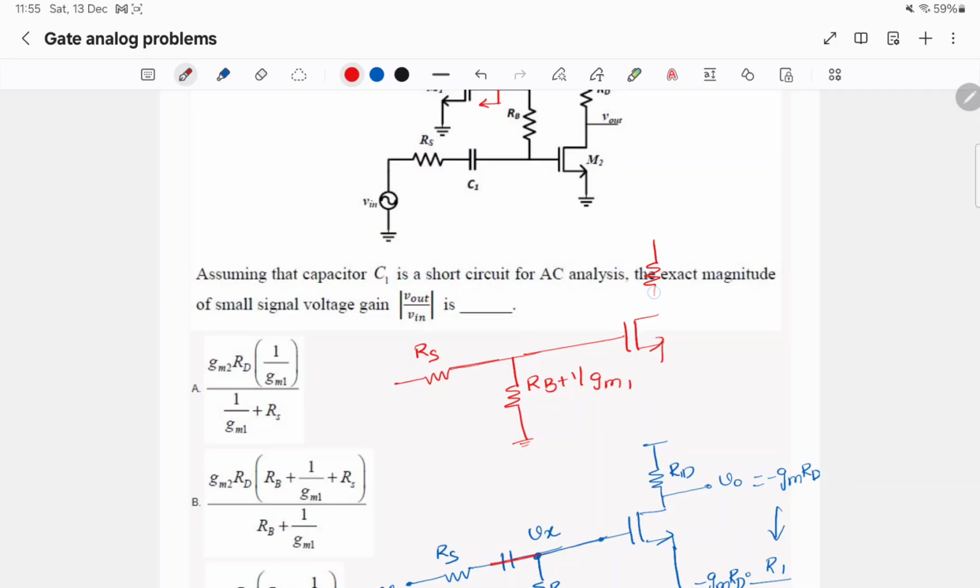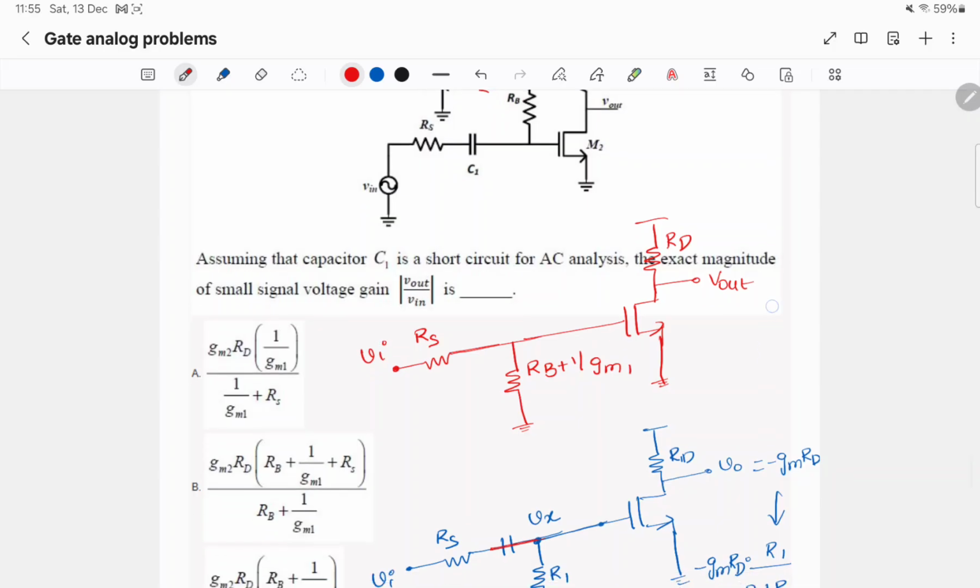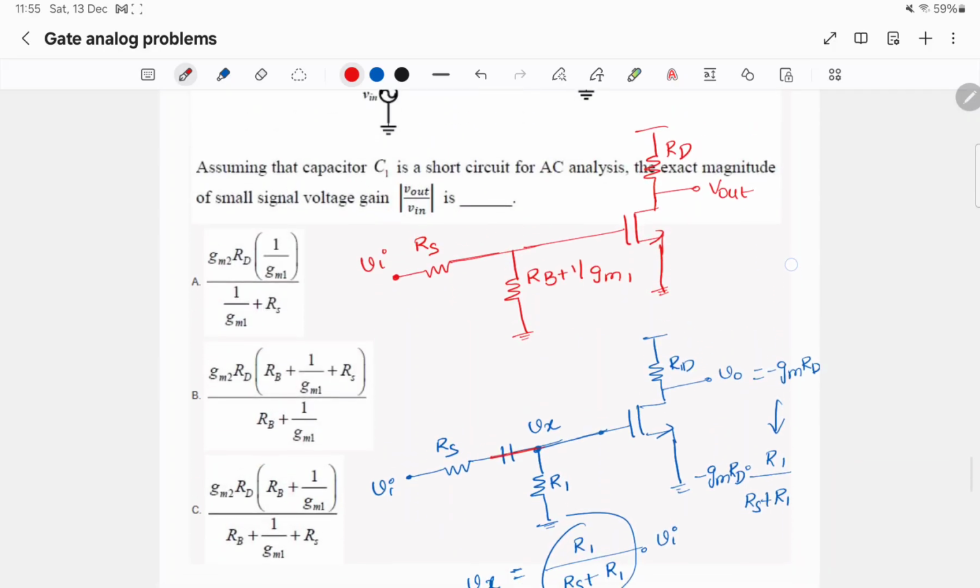CS stage, Vout, RD, this is Vi. So the normal gain is GM2 RD, and it will be multiplied by a factor of RB plus 1 by GM1 by Rs plus RB plus 1 by GM1.